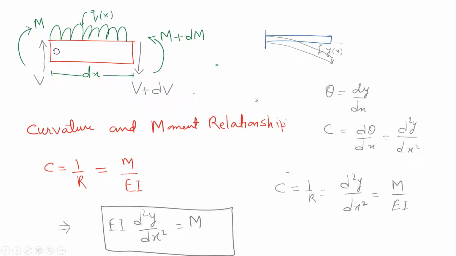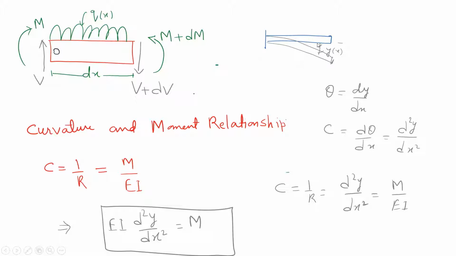Now we will see the curvature and moment relationship. Curvature is the inverse of the radius of curvature, and that equals M upon EI. How do we get this? If the beam deflects, the deflection is y, a function of x. The maximum deflection is at the middle, and as we move toward the ends it decreases to 0 deflection.